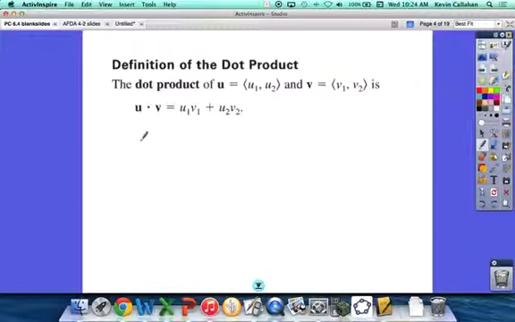If you have the two vectors in component form, u1, u2, v1, v2, then the dot product is u1 times v1 plus u2 times v2. Not very complicated. It actually does include some multiplication, but it includes some addition too. It's a combination of the two.